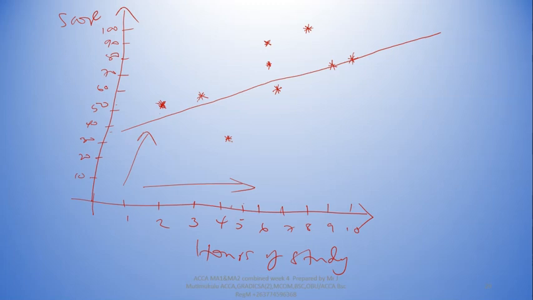So the examiner might ask, how much score can somebody determine if they put in, let's say, 5 hours or 5.3 hours? So you just come to 5 and locate 5.3 somewhere here. Just go up straight to the line, and they are likely to get a mark which is about 60. Okay, that's how you do your estimation.